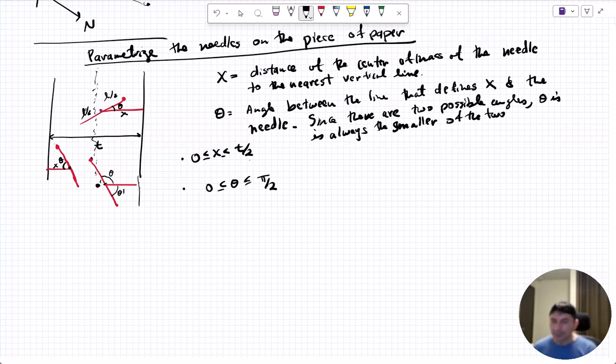Now, because we've chosen theta to be the smaller of the two, we know that theta will always be less than or equal to pi over 2.